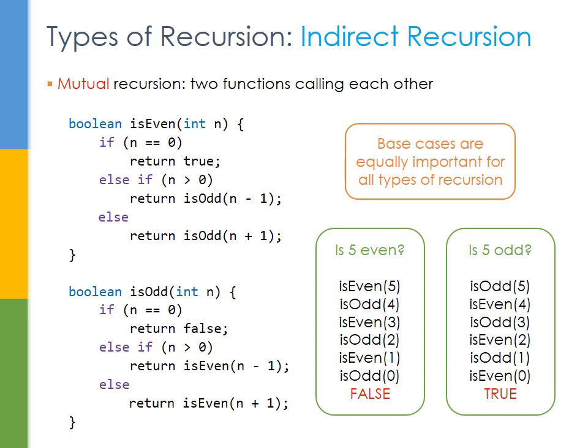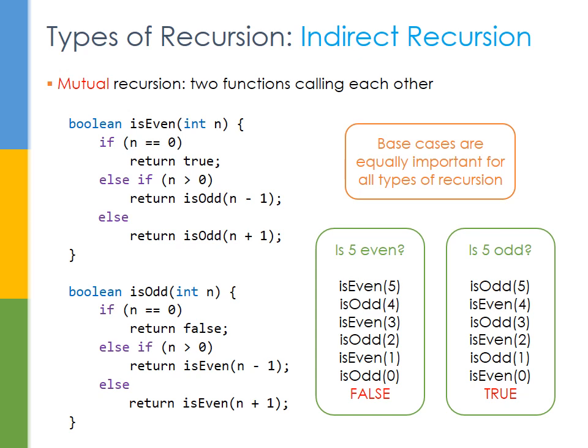The point is both of those base cases are required in order for the original calls to either is even or is odd to work correctly and the series of recursive calls to actually terminate.